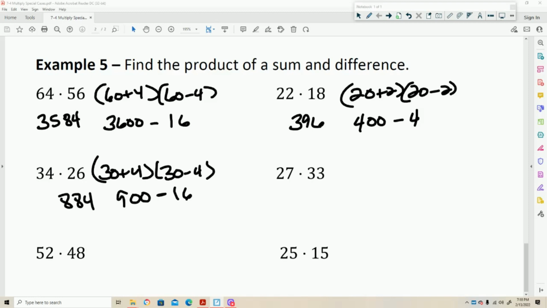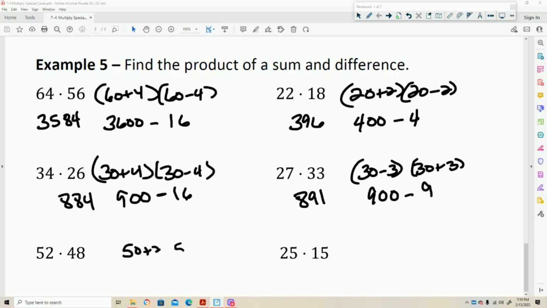Here we have 30 minus 3 and 30 plus 3. We get 900 minus 9, and that's going to be 891.